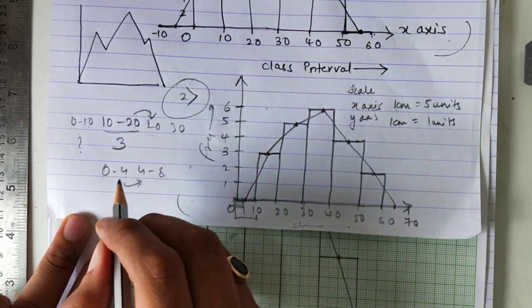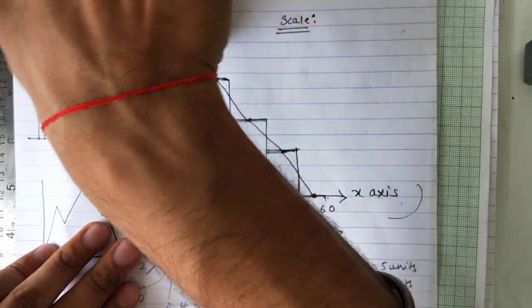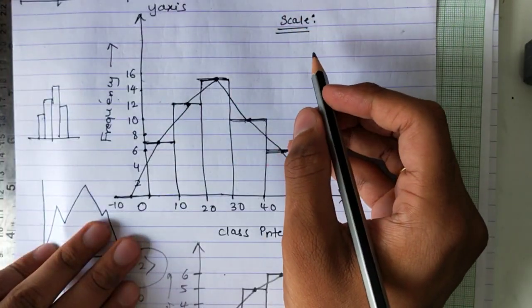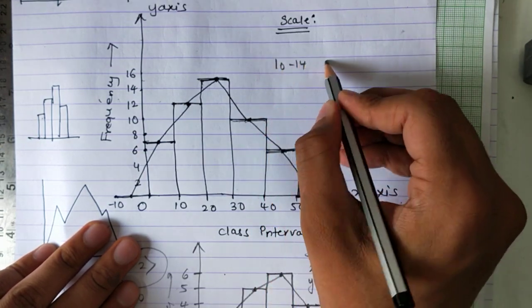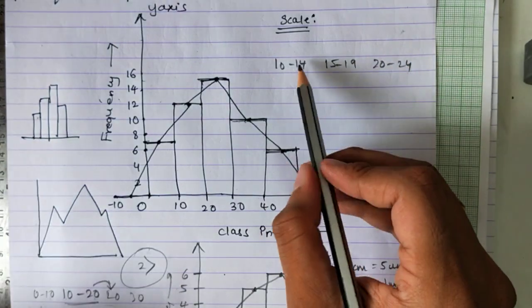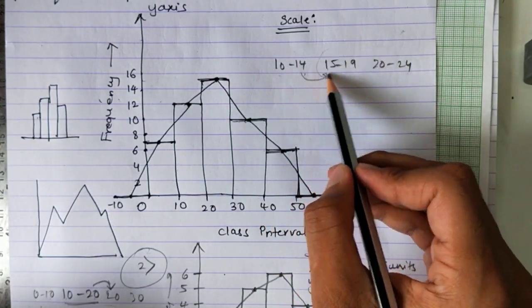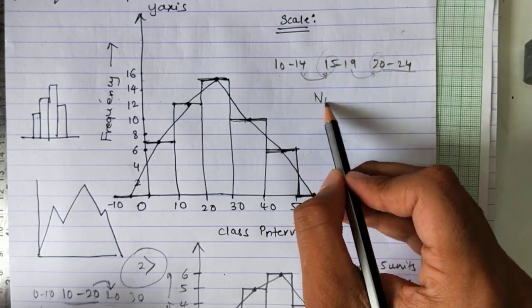But in the third question, the data is not continuous. In the third question, they have given 10 to 14, 15 to 19, 20 to 24. You see 10 to 14, then directly 15 to 19, directly 20 to 24. Means the data is not continuous.